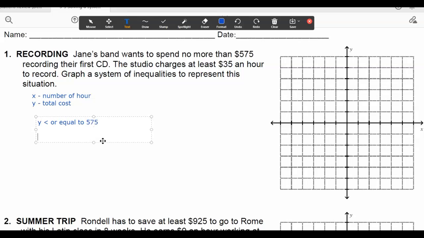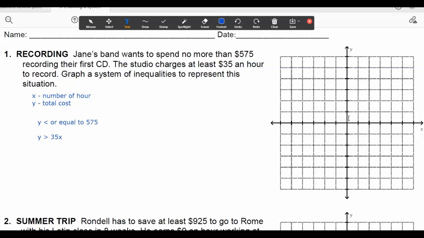And then the total with hours is Y is greater than $35 per hour. And there's no y-intercept. It starts at 0 because if you go for 0 hours, it would cost $0.